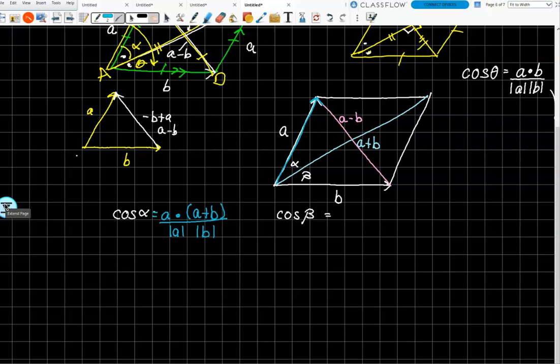Not an awful lot. We can look at the top and say, well, that's A dotted with A and A dotted with B. And before we go, oops, I stuffed up the bottom one. That should be the length of A plus B, correct? Before we go, this isn't really getting me anywhere, we just want to look at the other side.